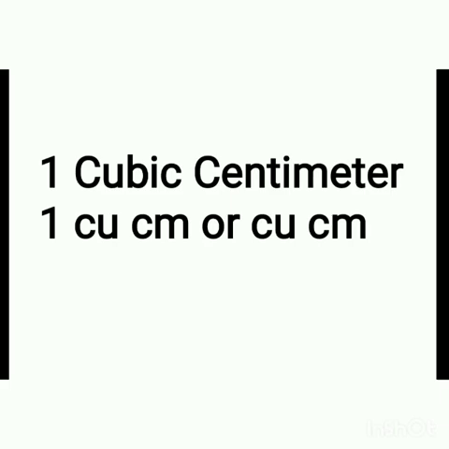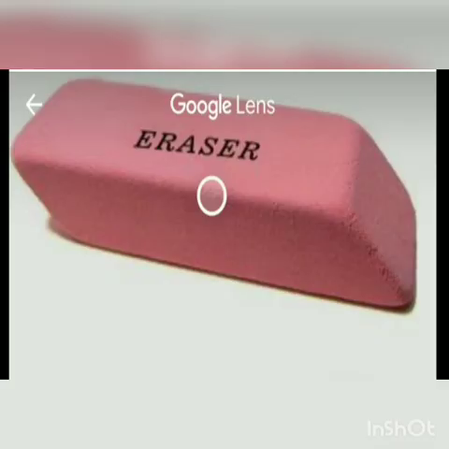Now the unit depends upon the size of the object. If it is of smaller size, you know, we are measuring the length and all in millimeter, centimeter, meter, etc. So according to the shape of the object, the unit also depends. For example, if it is an eraser, we are considering the volume of this eraser.